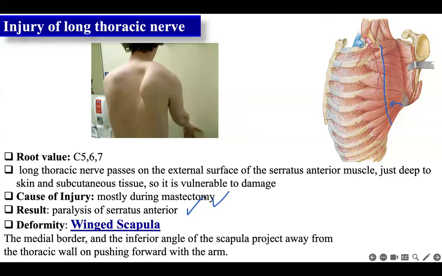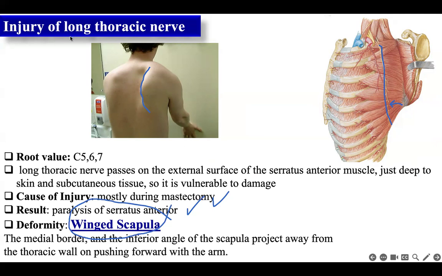The medial border of the scapula will go backward, forming a projection like that. If you ask the patient to push the wall, the medial border of the scapula projects backward like that. So injury of the long thoracic nerve causes this deformity, named winging of the scapula.